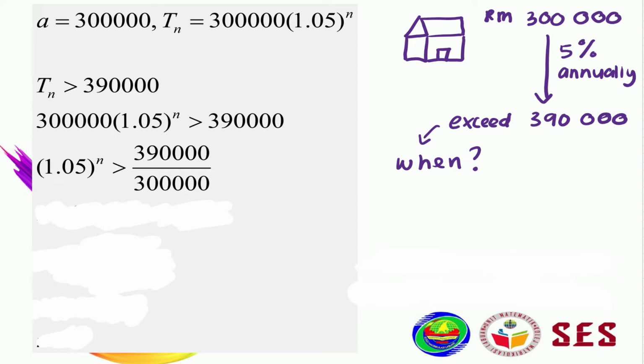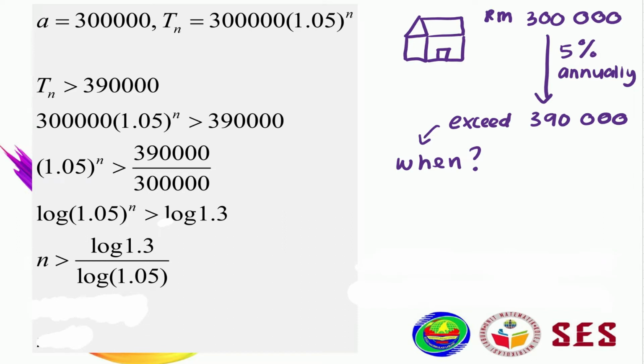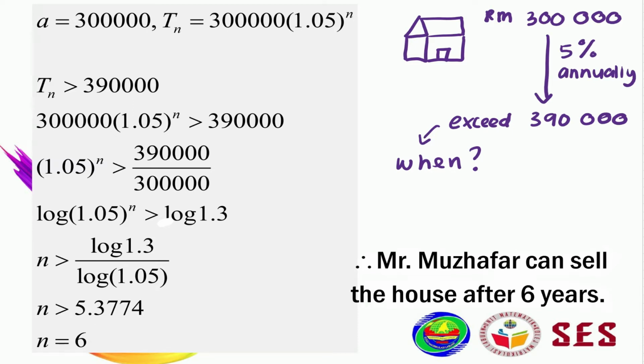In order to find the value of n, we need to use log. So we log both sides and then we bring forward our n so that we will get the value of n. So our n is greater than 5.3774, or n is equal to 6. As a conclusion, Mr. Muzaffar can sell the house after 6 years.